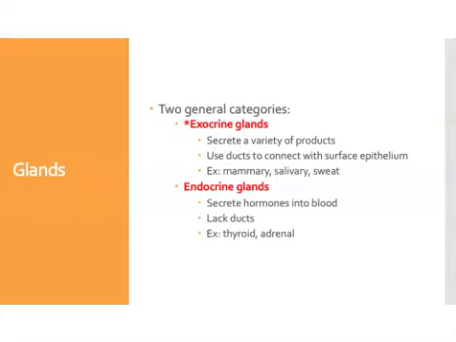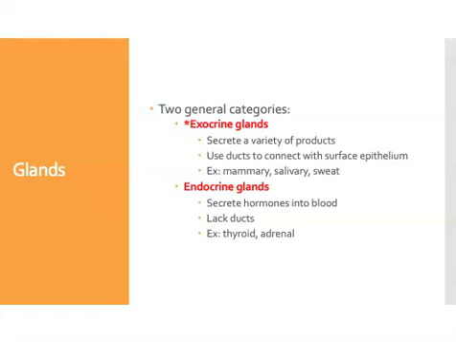Now, we can categorize glands very generally as being either exocrine or endocrine. You'll notice I have a star next to exocrine because this is the one that we're going to learn the most detail about. Exocrine glands secrete all different kinds of products, but what makes them unique is that they use ducts.